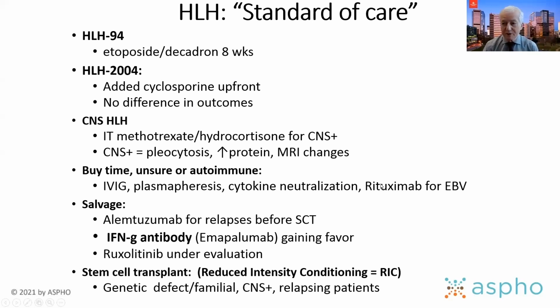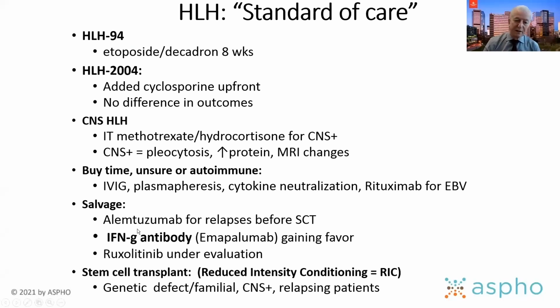And rituximab is especially helpful for patients with very elevated EBV infection. It may be added to the classic etoposide and decadron when patients with EBV HLH aren't responding well.